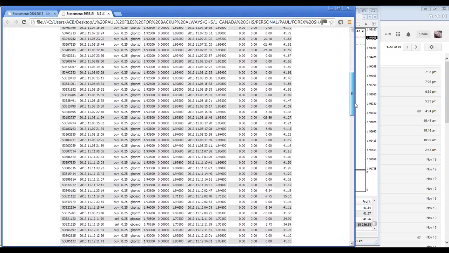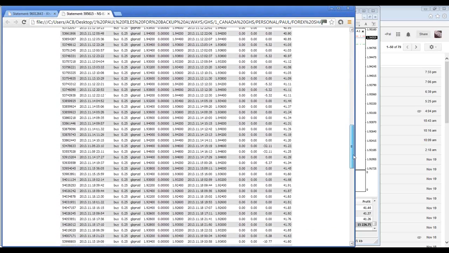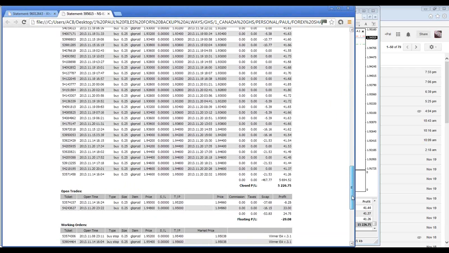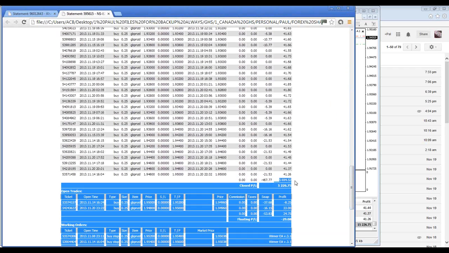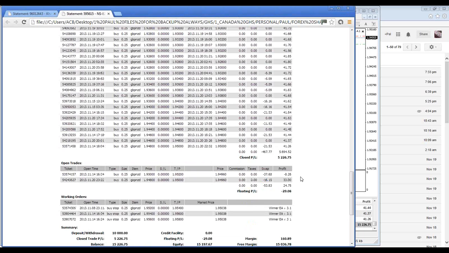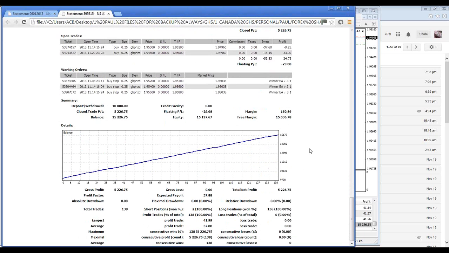And you have made, lot sizes 0.25, you have made 5,695 minus the fee you paid. And you are only on the long side.